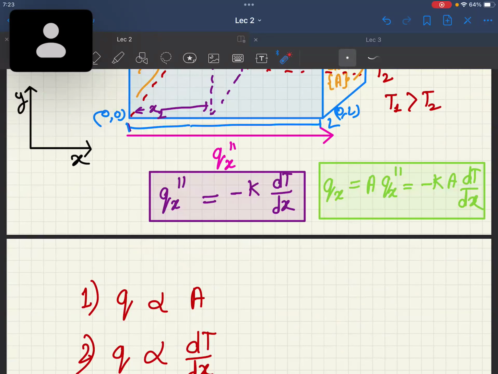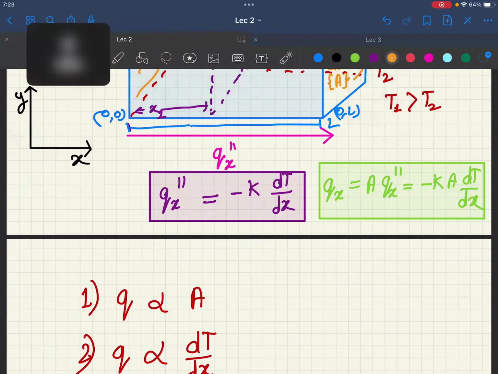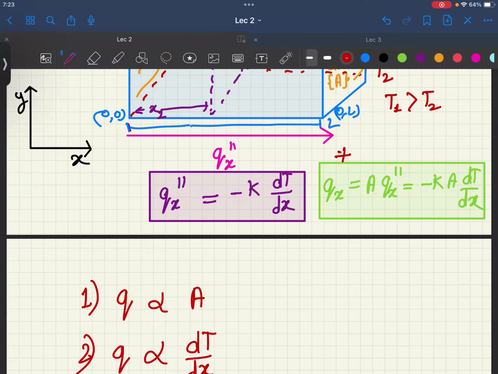And this equation you have to remember all the time. This is very important. And whenever I am saying this x, the subscript basically denotes the direction of heat transfer. Whenever I am saying x, that means heat is going to get transferred along x direction, and this is the x direction here.